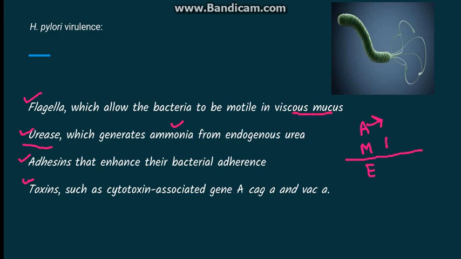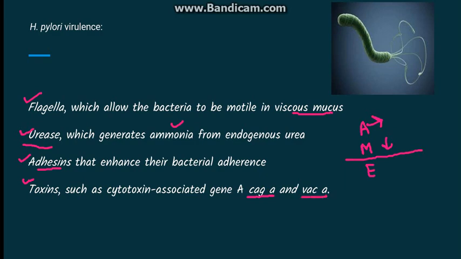Now the bacteria can enter into the mucus, and the adhesins enhance the adherence of the bacteria to the epithelia, and further the inflammation and the damage is caused by the toxins which are secreted by the bacteria like CagA and VacA.